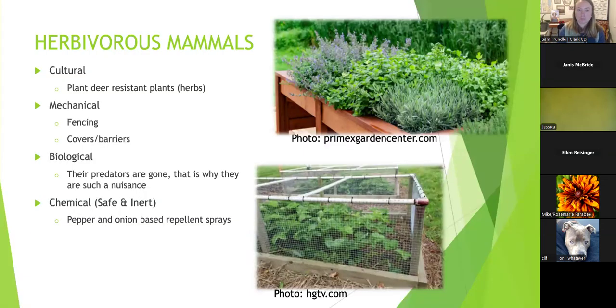For herbivorous mammals, culturally, what we can do is plant deer resistant plants. I have lavender, they won't touch it. Pretty much any herb, they're not going to even touch it. We can fence them out.